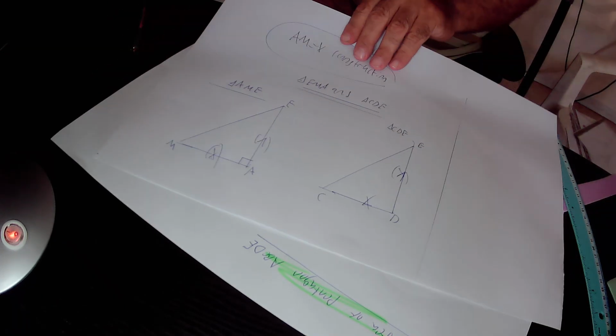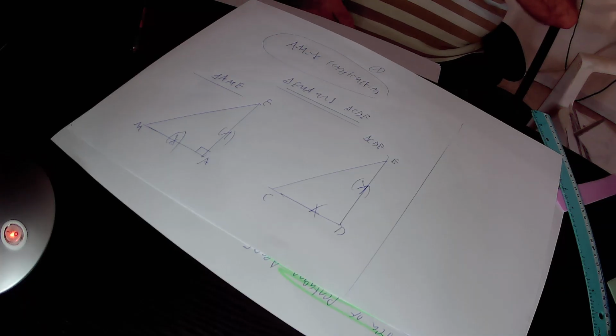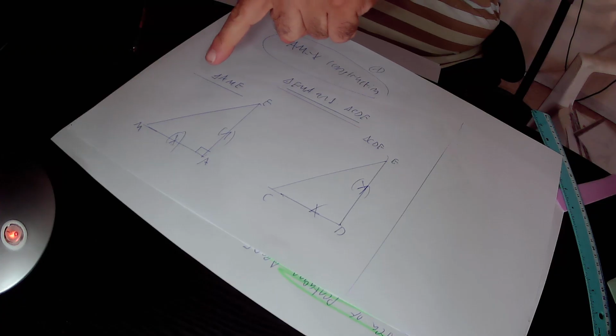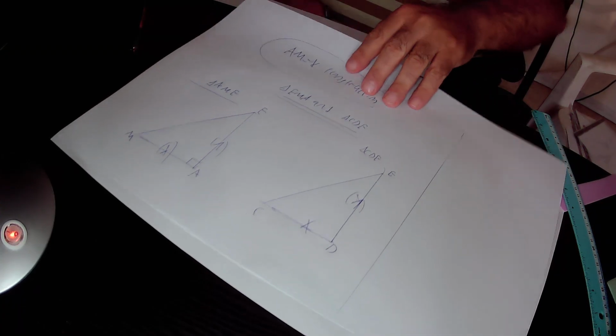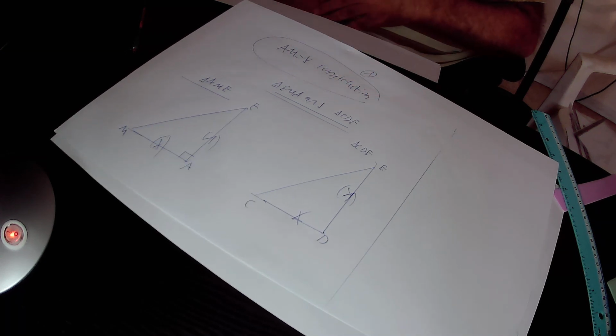Actually, those are the two right triangles coming from the original drawing. This is right triangle EAM and this is right triangle CDE. Why are those two right triangles congruent to each other?